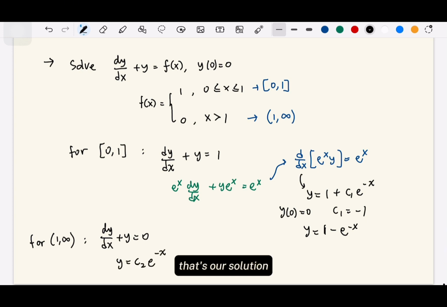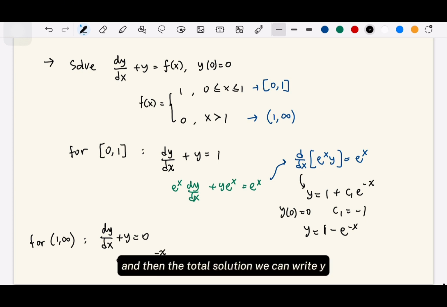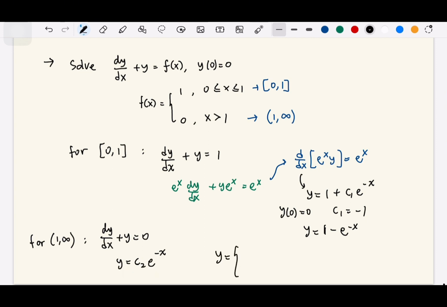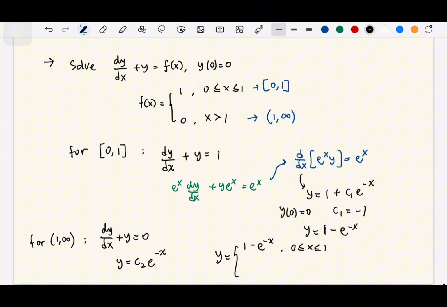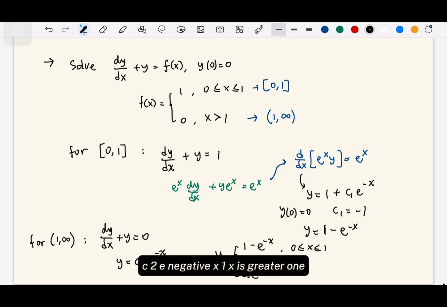That's our solution. And then the total solution, we can write y: the first one is 1 minus e^(-x), from 0 to 1, and the other one is c2 e^(-x) when x is greater than 1.